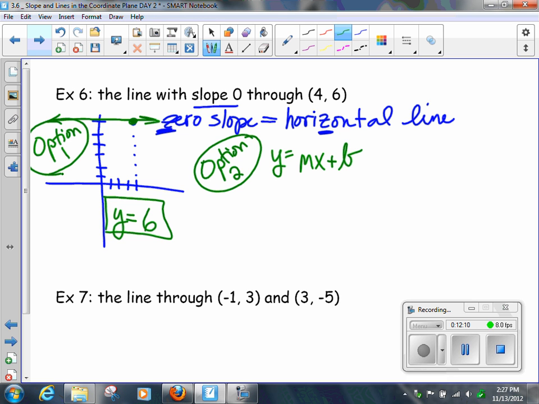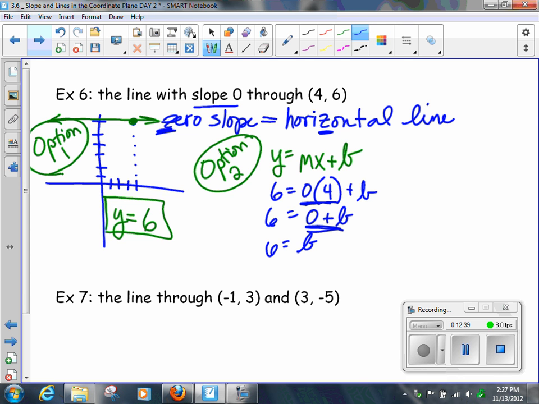What's your y value? 6. What's your slope? 0. Your x is 4. What's 0 times 4? 0. What's 0 plus anything? 0 plus anything is that thing, isn't it? Okay, so 6 is equal to b.